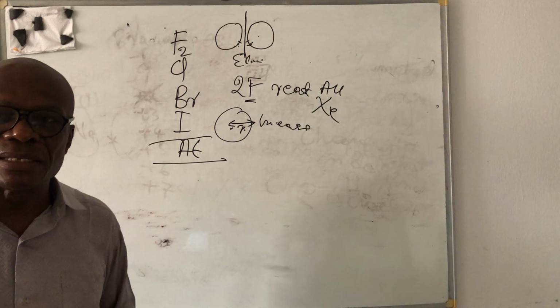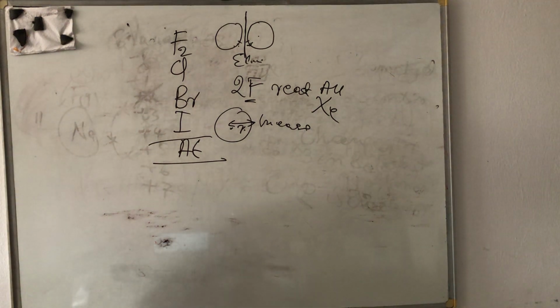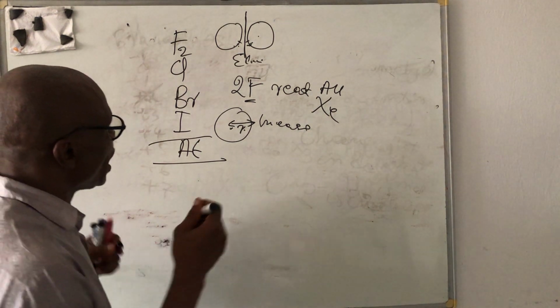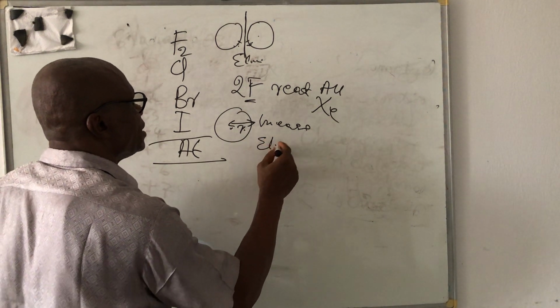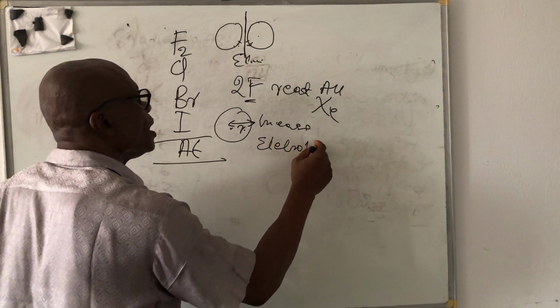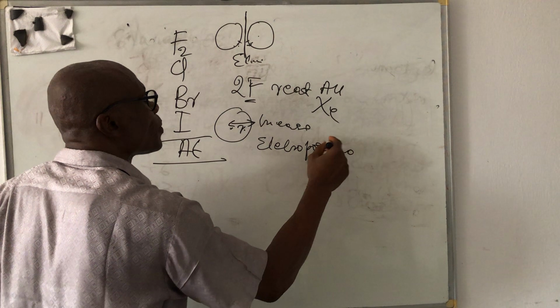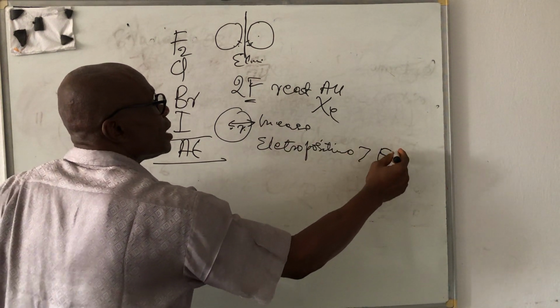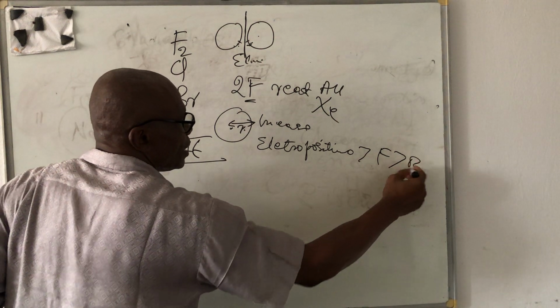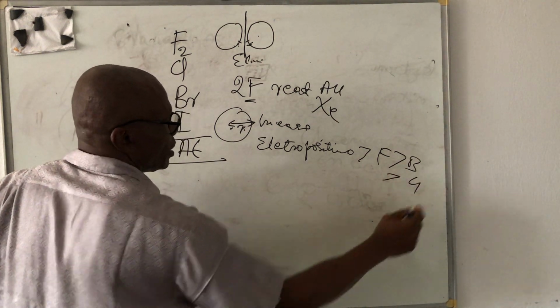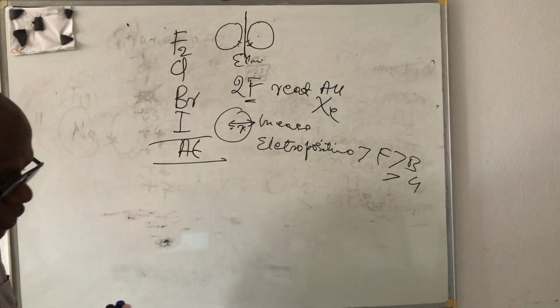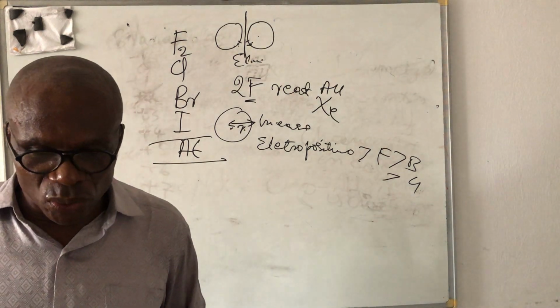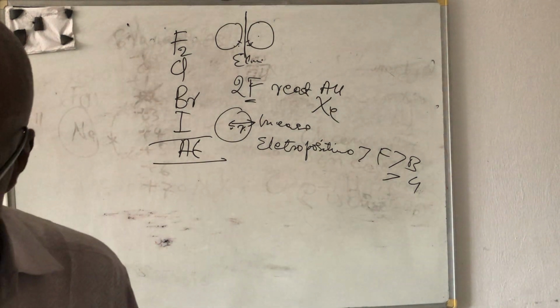For this reason, iodine will assume a more electropositive property than fluorine, than bromine, than chlorine. Our note will show you how that happens.